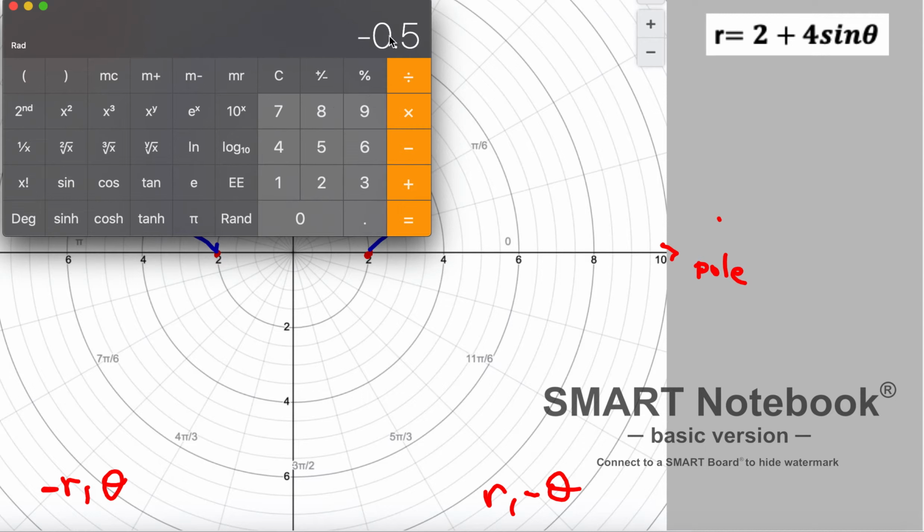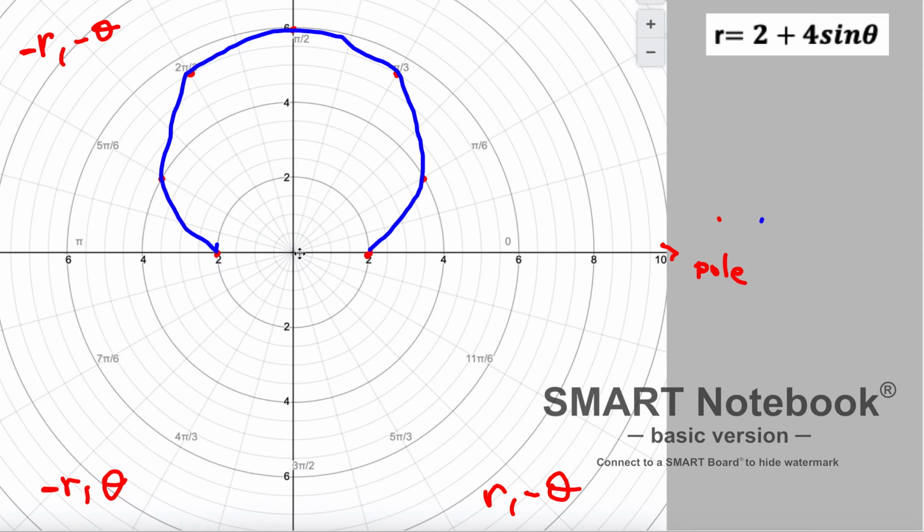We get minus 0.5, and minus 0.5 times 4 is minus 2, and plus 2 is 0. So this value gives us a 0, right here. We are going to get the same thing with 11 pi over 6. It turns out to be the same because we have a symmetry with respect to the line pi over 2, so I'm not going to calculate it again.